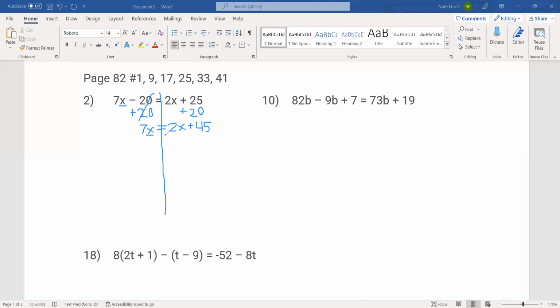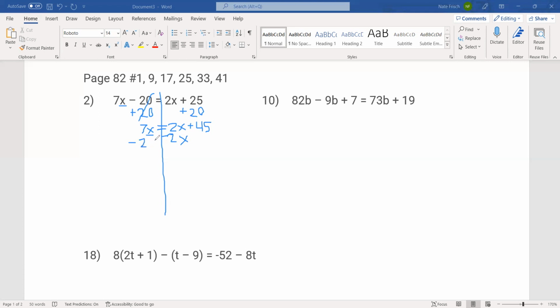I've got 2 x's over here, so I want to get rid of the 2 and the x. In other cases we maybe would have divided by 2, but I don't want to just get rid of the 2, I want to get rid of the 2 and the x. So I'm going to subtract 2x, and that's going to make it go away from this right side completely. Just as usual, whatever I do to one side of the equation, I do to the other. So I'm going to do minus 2x here.